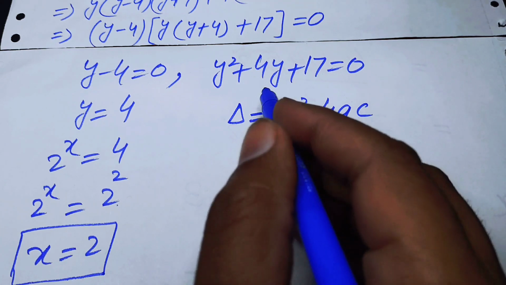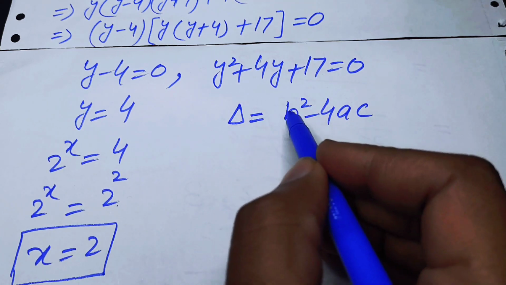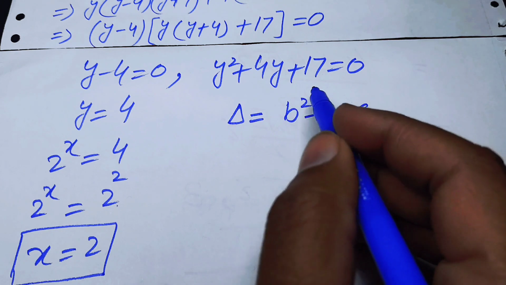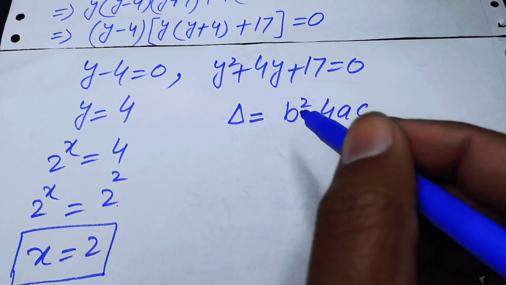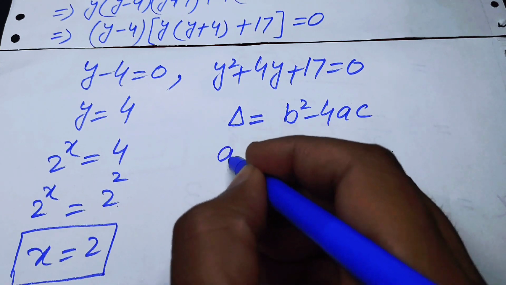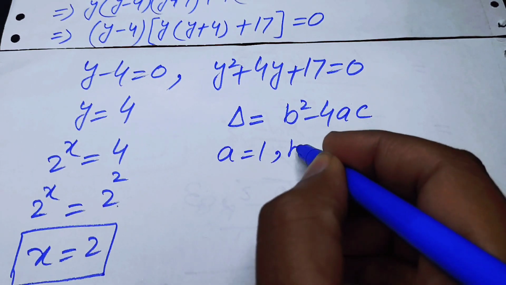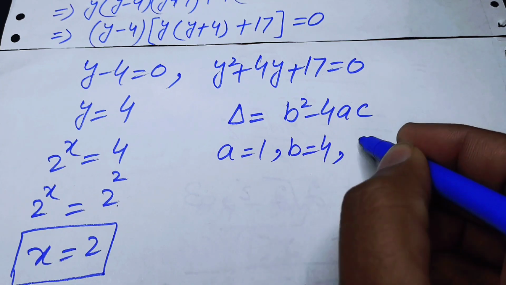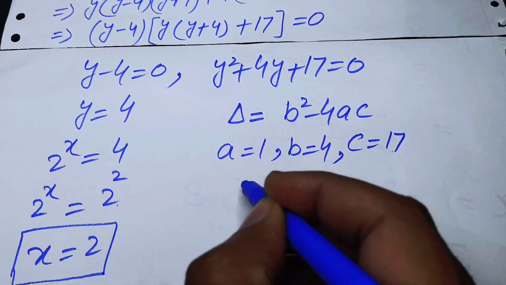So here we substitute the values of a, b and c. The value of a is 1, the value of b is 4, and the value of c is 17.